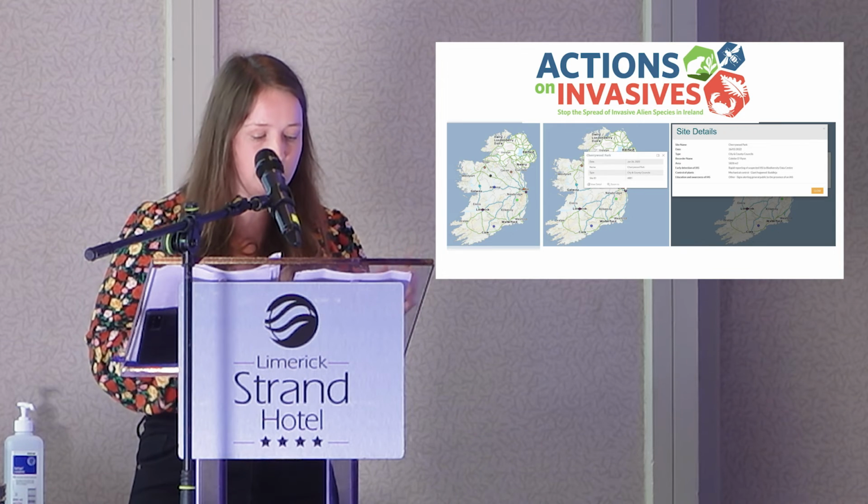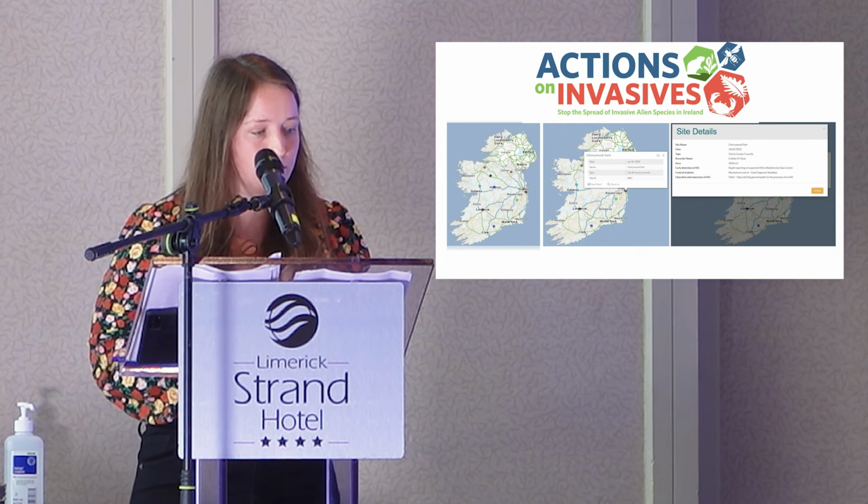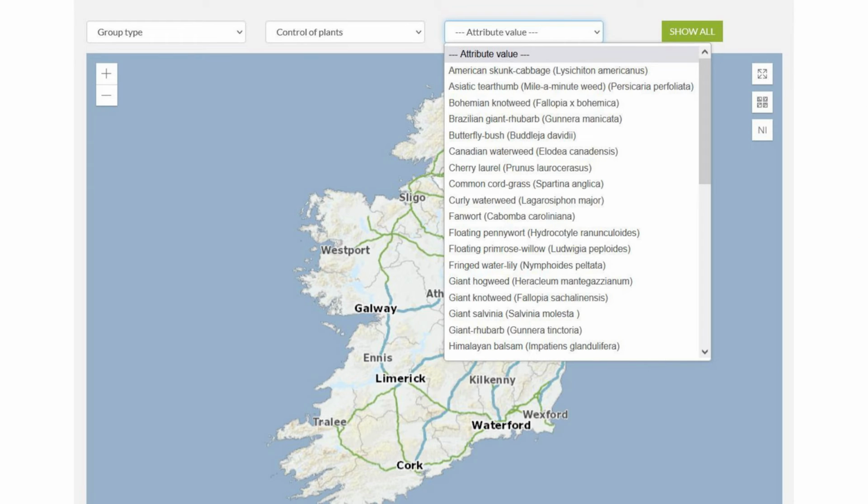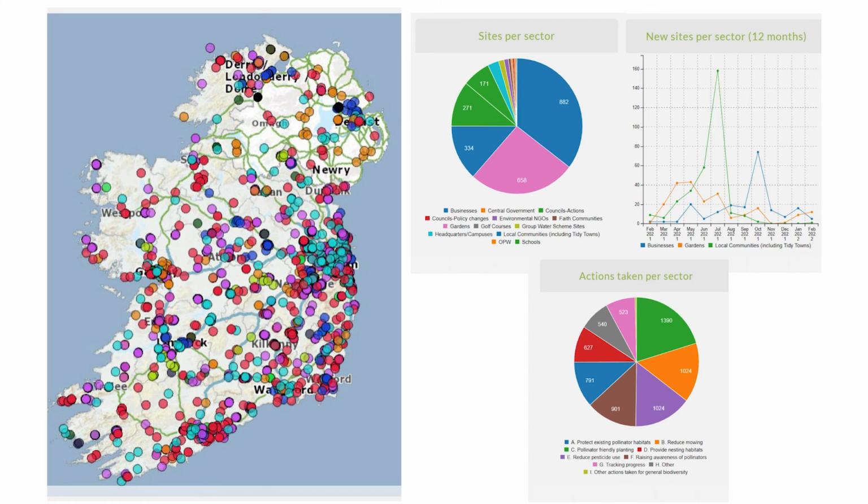You can click on your site. And then I think really one of the key strengths of the system is that you can use this filter to filter through the group type. So if you're a city and county council, with the nature of invasive species, they can spread across boundary lines, they can be in catchments, and really by looking at these groups, you can then see who else has taken action on invasives and then coordinate with those.